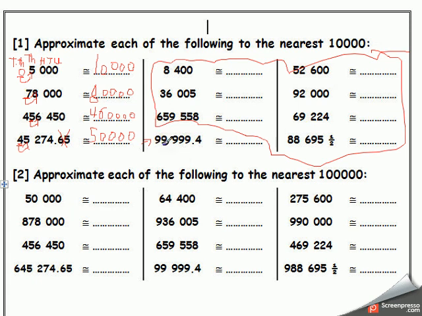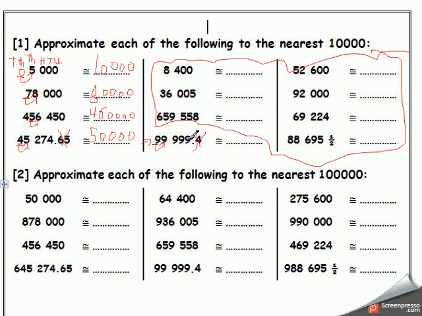If I have 99,999 and 4 tenths, what can I do? The first step, I will remove the decimal parts. After that, I should mention the 10,000 digit: units, tens, hundreds, thousands, 10,000. Mine here is 10,000.